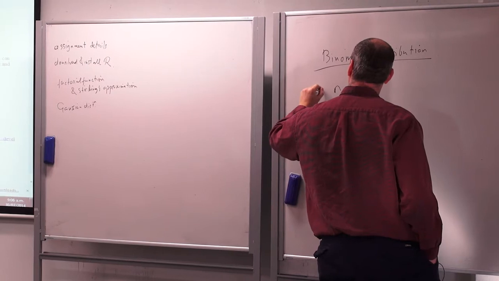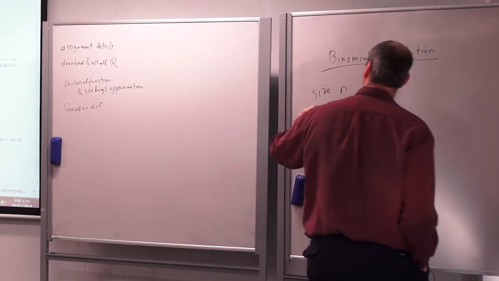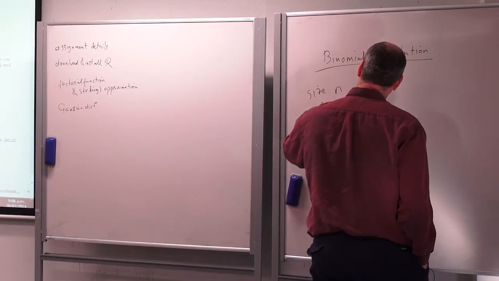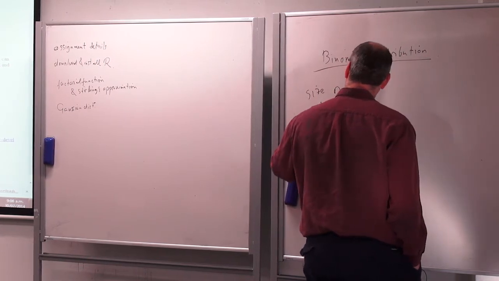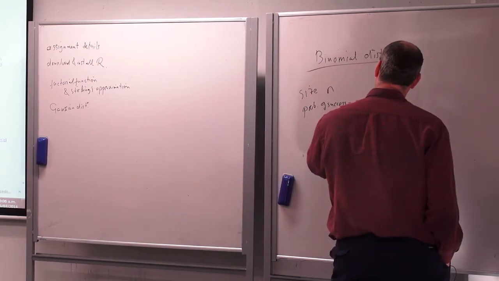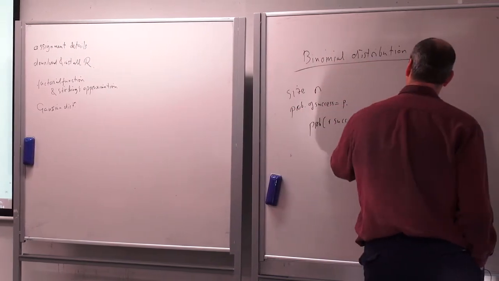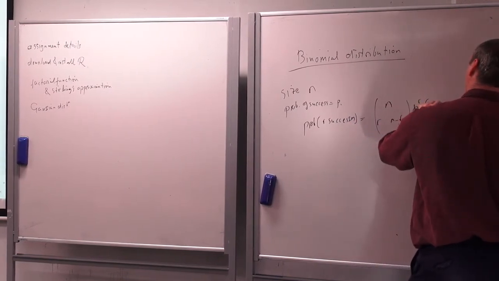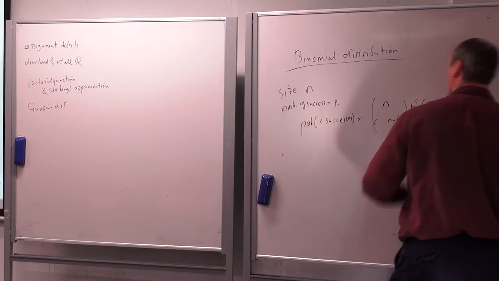Size n and probability of success equals p. Probability of r successes equals n choose r, p to the r, 1 minus p to the n minus r, which you've seen before.